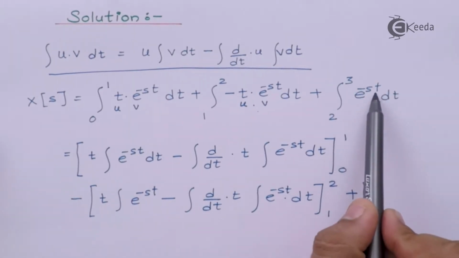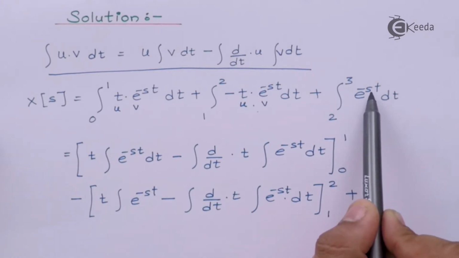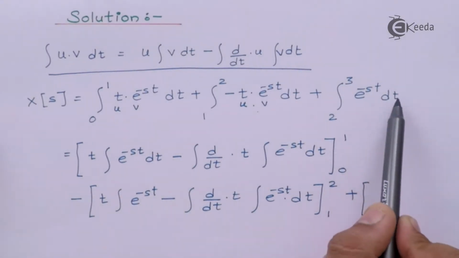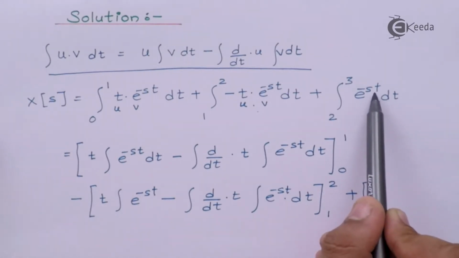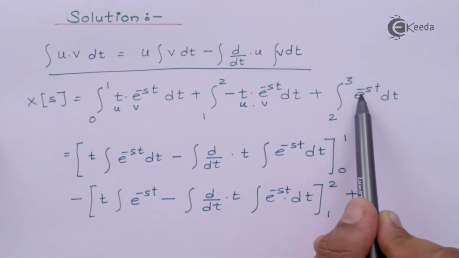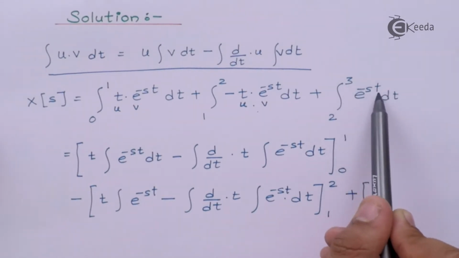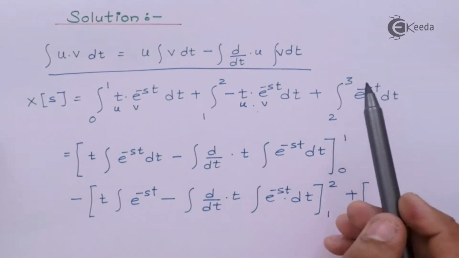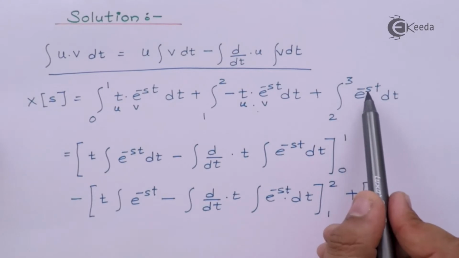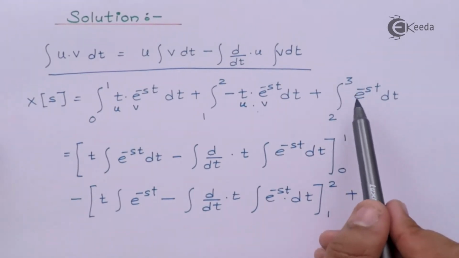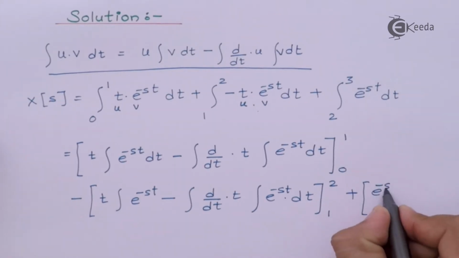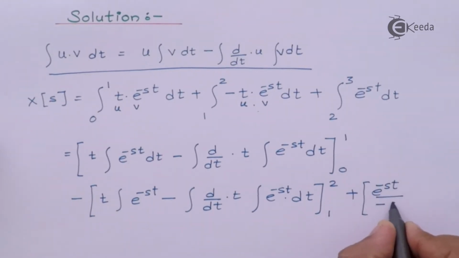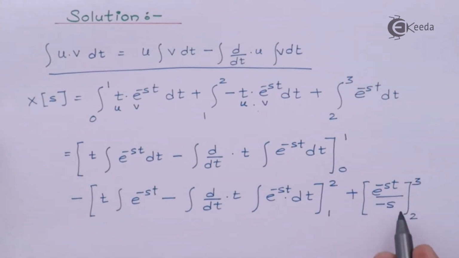How to identify the constant part? We are integrating with respect to time t, so t is my variable, and the term which is present in product form with t is my constant term. So simply divide by the constant which is present in the power of the exponential term, with its sign. So e to the power minus st upon minus s is my answer of integration.